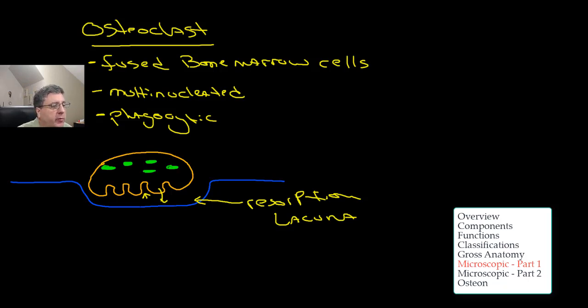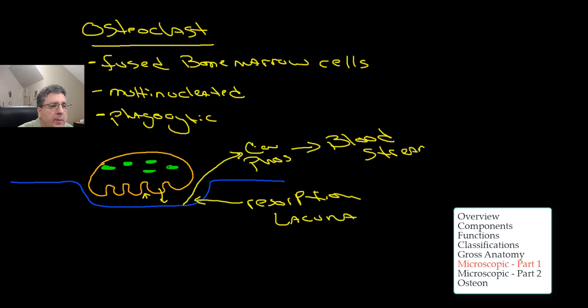So calcium and phosphate go into your bloodstream. And when it goes into your bloodstream, it raises your calcium or phosphate levels to the normal level that it wants. That's going to be a homeostasis component.